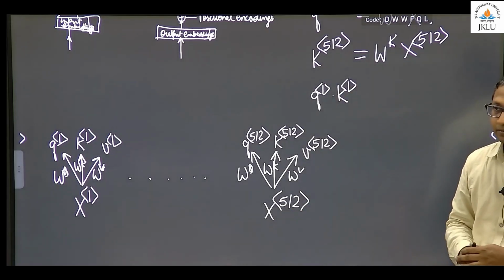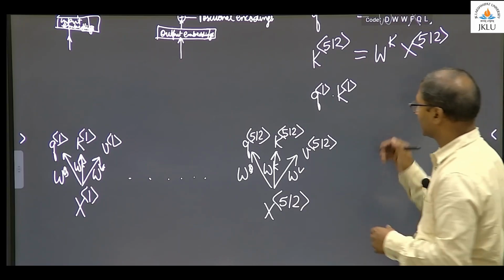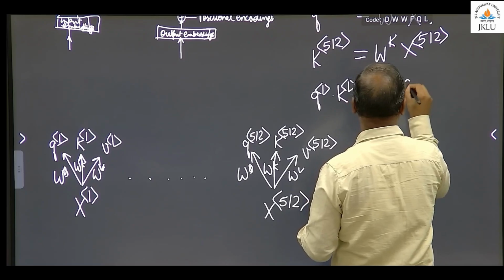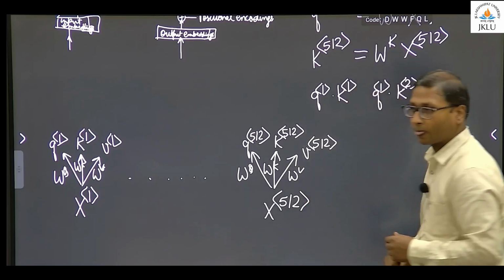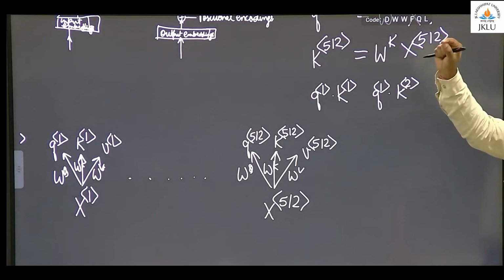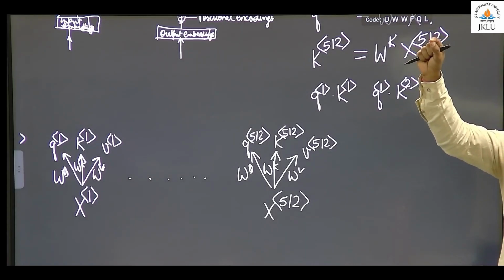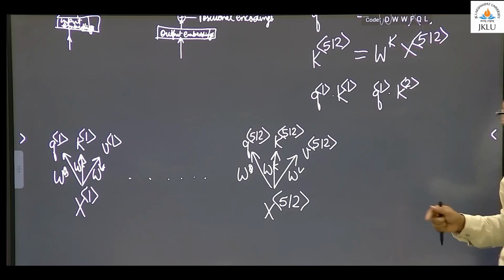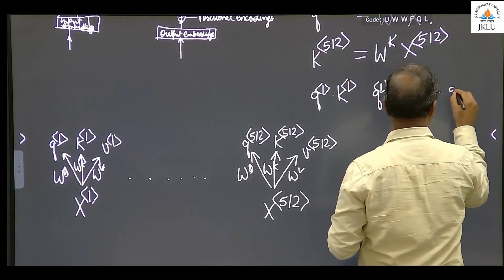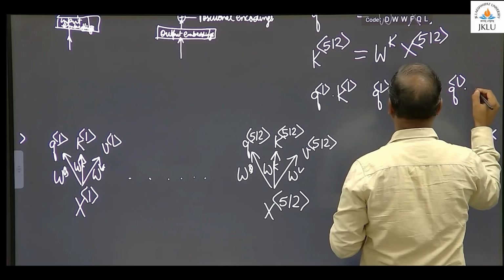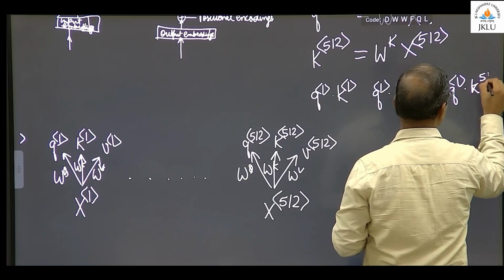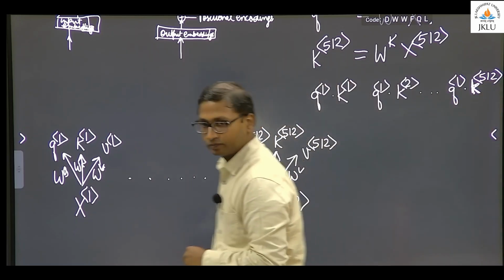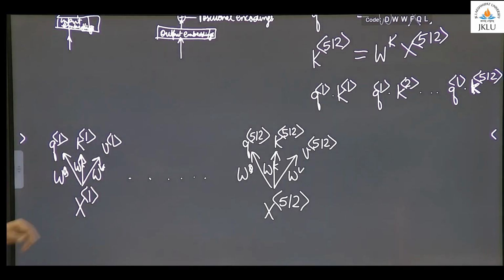What will be the next thing? q1 dot k2. This is how you did it: S1 dot product with H1, S1 dot product with H2, all the way until q1 dot product with k512. Done. So this is what we have.